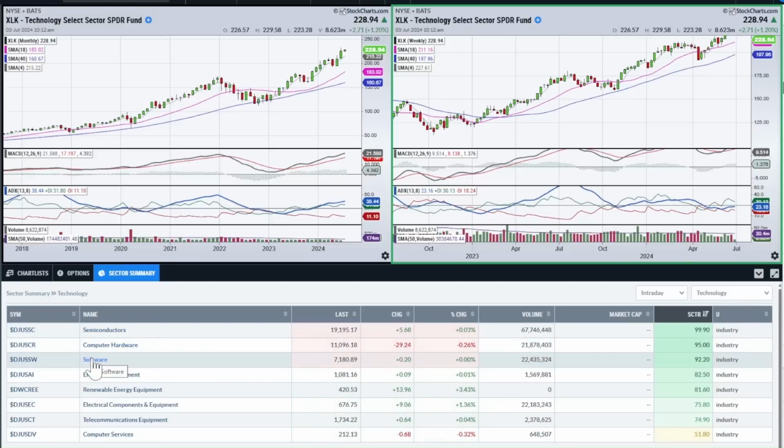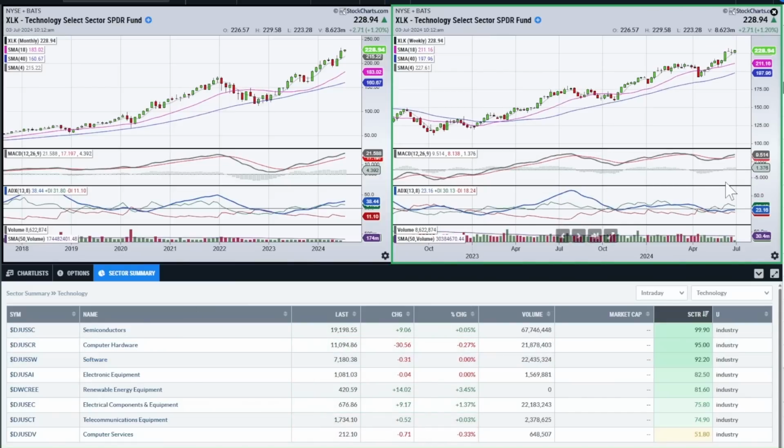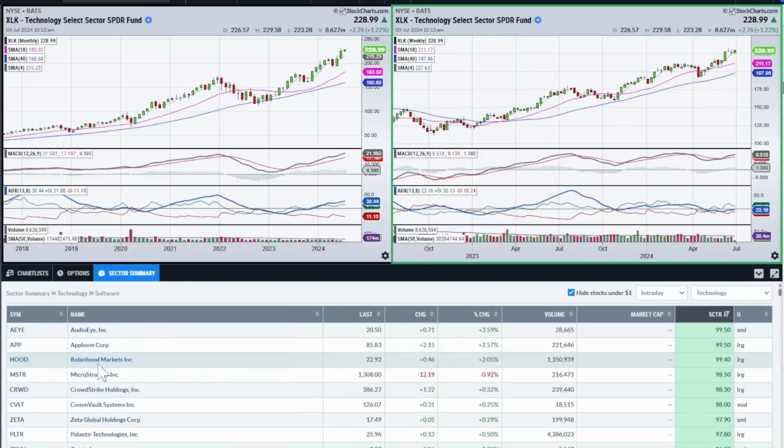And the reason is that when I go through and look at individual symbols, I went through all the technology, as I said, and I saw a pretty nice improvement taking place in a lot of the individual symbols in the software area. So if I click on that, I can then go through and look at the individual names.